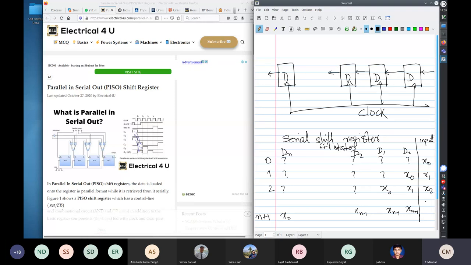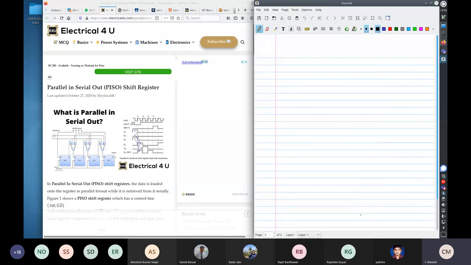Okay, so the shift register is a very simple thing. Now you know that for your double, sometimes you got to add a correction. For that you need the parallel load facility.